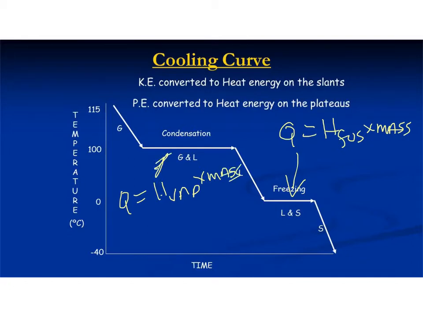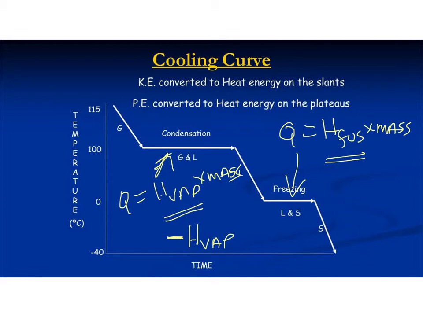That goes here. Now, the only difference is that in this case, the heat of fusion and the heat of vaporization are going to be negative values. So this is going to be a negative H vap because we're losing that heat. The heat is being given away from the system into the surroundings. So it has to be negative.